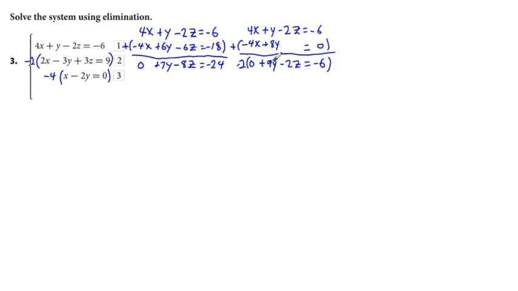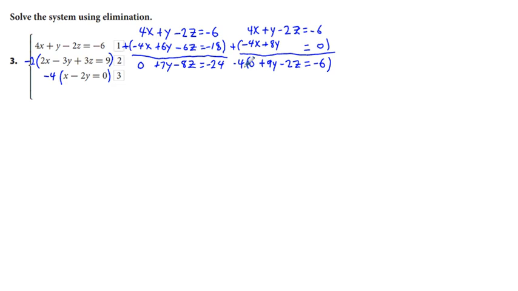Negative 2 times 9y is going to be negative 18y. And then negative 2 times 2z is, well, we want to cancel that. So instead of multiplying by negative 2, we're going to multiply by negative 4. I could see that mistake pretty quickly.